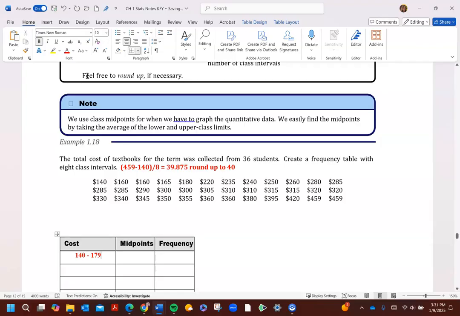And then the midpoint for that, we would just take the average: 140 plus 179 is 319, divided by 2, and we get 159.5, and we're going to round up. So that would be 160.